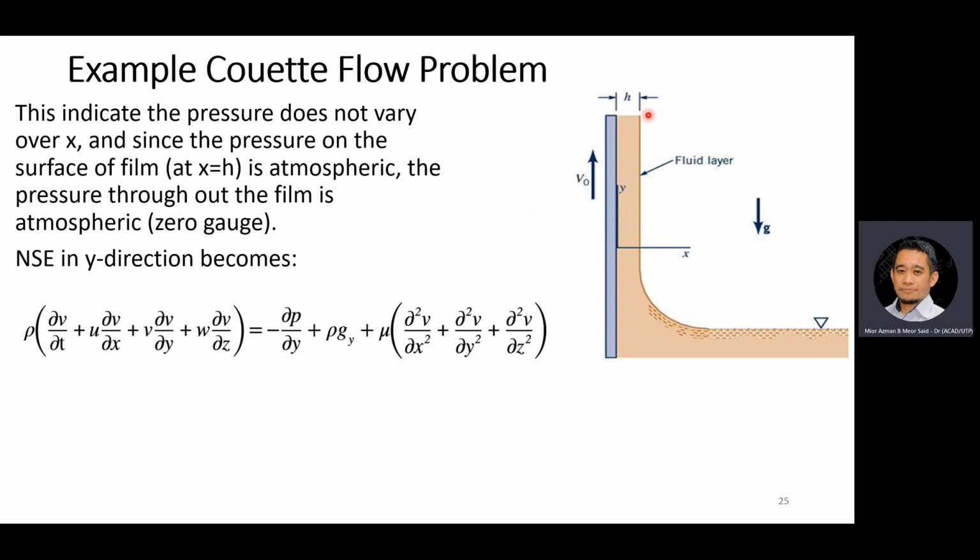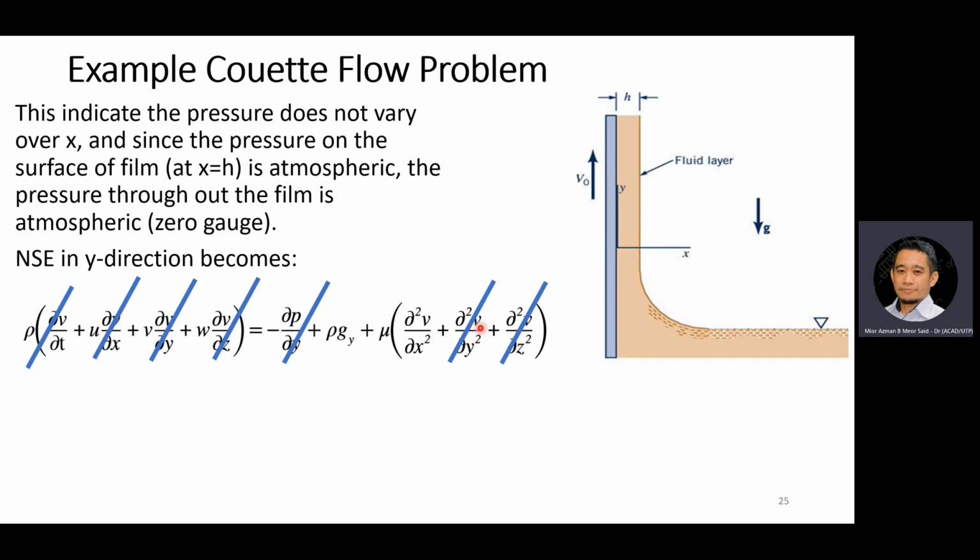So the pressure here must be atmospheric pressure. And as you know, partial p over partial x also equals 0. There's no change in the x direction, so the pressure inside this fluid is also atmospheric pressure. Hence, partial p over partial y must be equal to 0 as well.